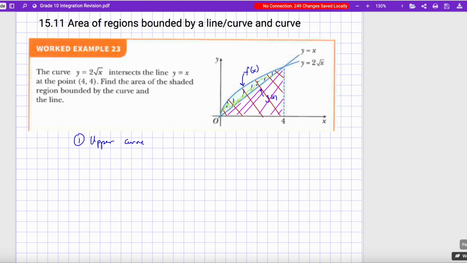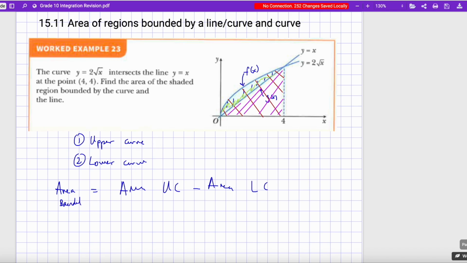So what we want to do is look at the area of the upper curve, I just call it UC, and subtract the area of the lower curve, LC. When we do that, we get the area that is bounded, or shaded, between the two functions.